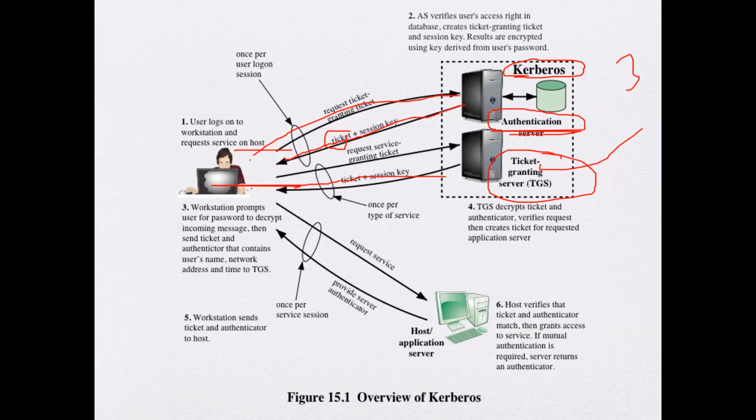With the help of the session key, the user can send a request message to the other host, and based on that, the host can provide a service to the authenticated user. So this is called the three-way authentication and authorization process.